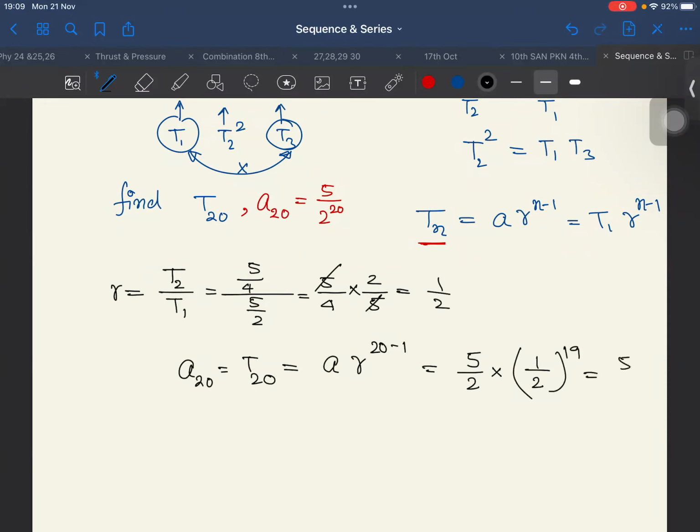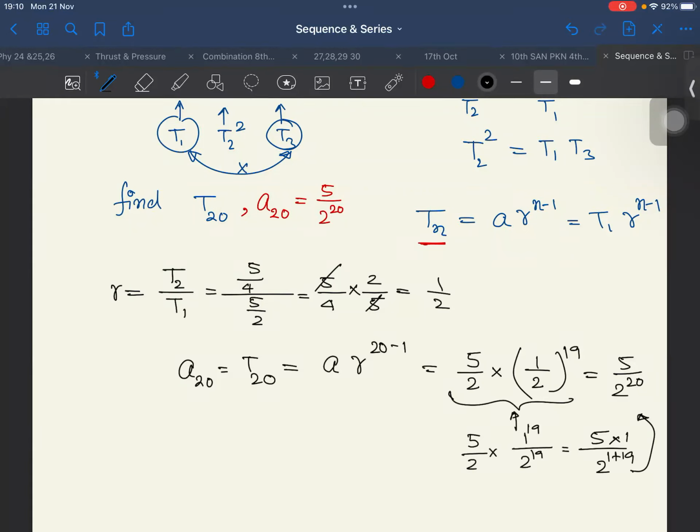That means 5 upon 2 to the power of 20, right? Hopefully everyone got this. If anybody has a problem here: 5 upon 2 multiplied by 1 upon 2 to the power of 19. So you can write this as 5 into 1 upon 2 to the power of 1 plus 19. That's how we get it.